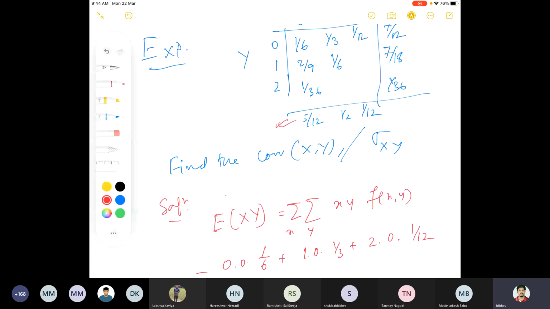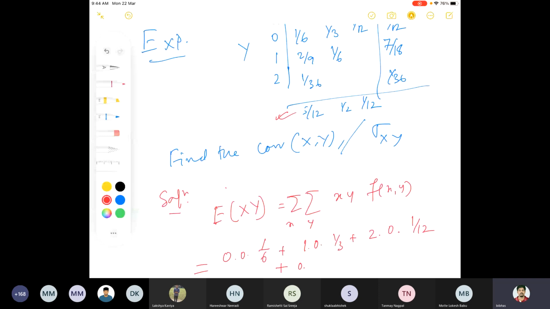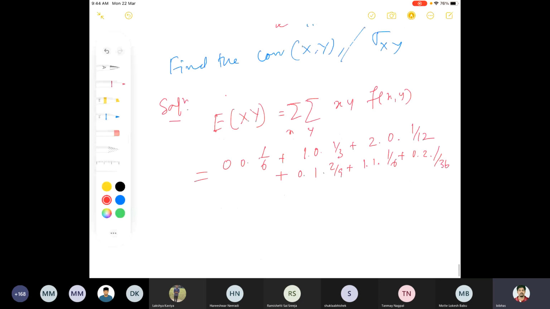If I keep on doing this, what do I get? And then plus x equal to 0, y equal to 1 times 2 by 9, plus x equal to 1, y equal to 1 by 6, plus x equal to 0, y equal to 2, 1 by 36. So if I do that, this value is something like 1 by 6.